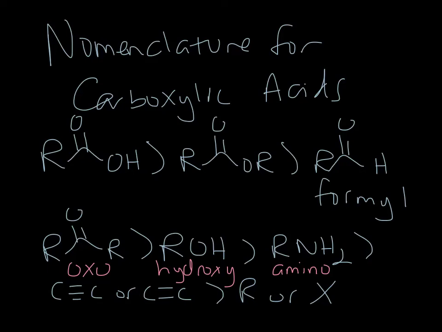So I'm not going to give you anything nuts to name, but I do want you to know the substituent names for the ones that I've noted here: formyl, oxo, hydroxy, and amino. But we're not going to name something that's both an ester and a carboxylic acid, so you don't need to worry about that. So let's start with an example.